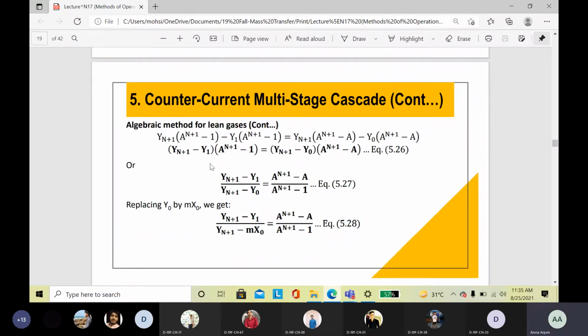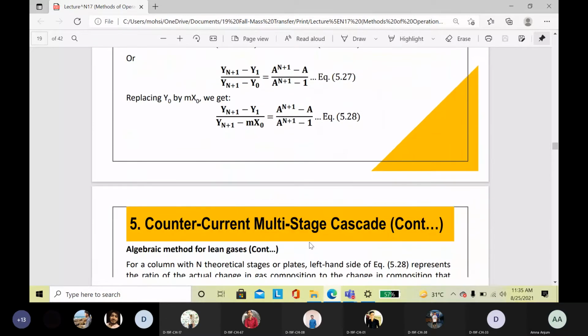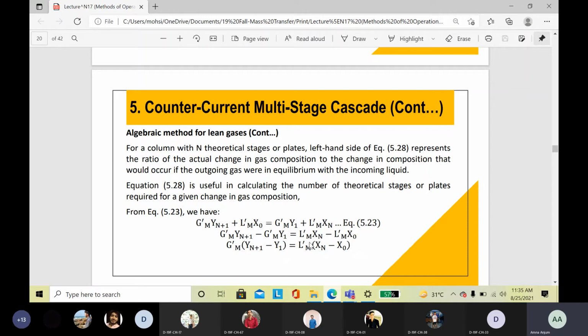Or, simplifying this further, the equation becomes this. Replacing y0 by mx0, we get this equation. In equation 5.27 we can write mx0 in place of y0, so we get this equation. For a column with n theoretical plates, the left-hand side of equation 5.28 represents the ratio of the actual change in gas composition to the change in composition that would occur if the outgoing gas were in equilibrium with the incoming liquid.